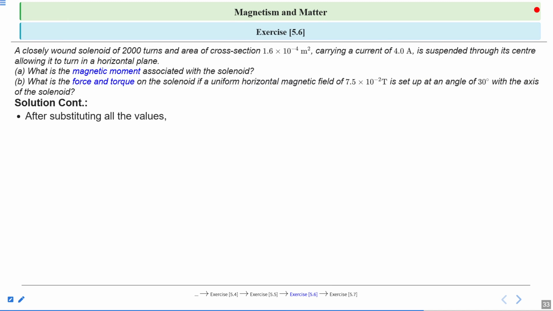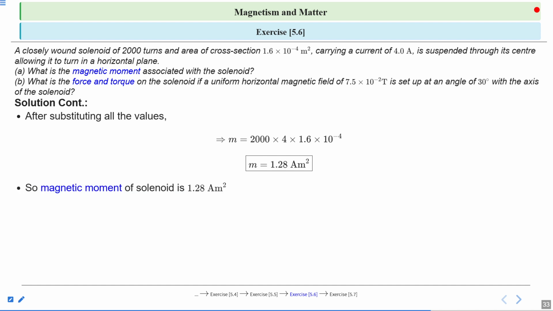After substituting all the values, you will get M equal to 2000, that is number of turns, into 4, that is current, and into area of cross section 1.6 into 10 to the power minus 4. So after solving it, magnetic moment will be M equal to 1.28 ampere meter square. So magnetic moment of solenoid is 1.28 ampere meter square. Got it? Now A part is finished.